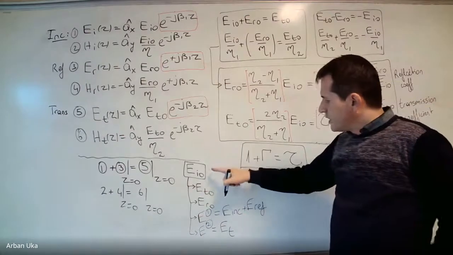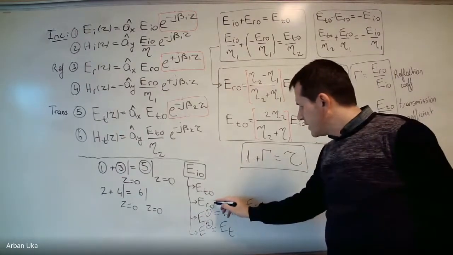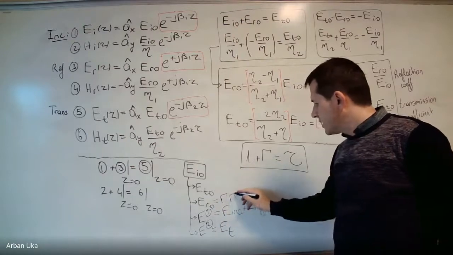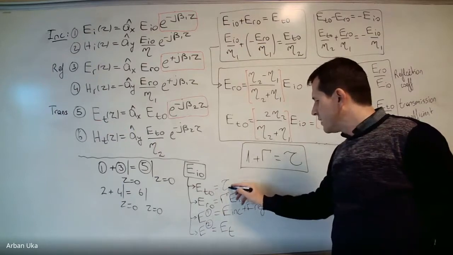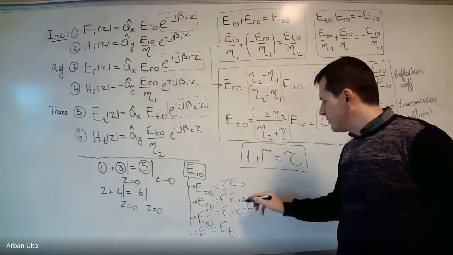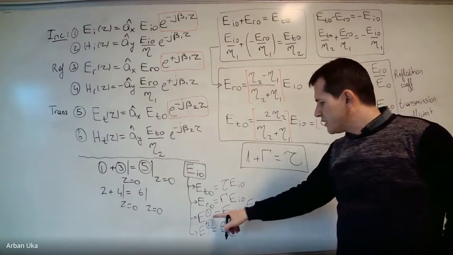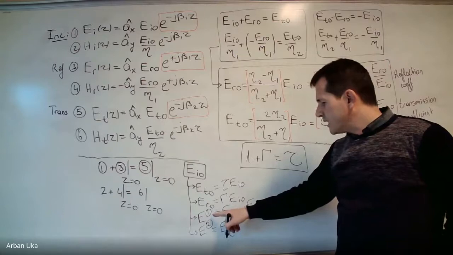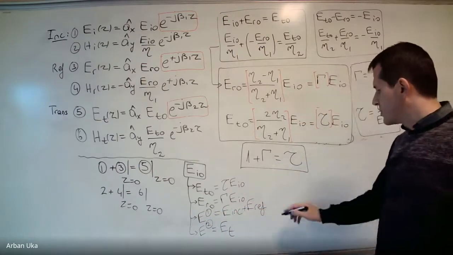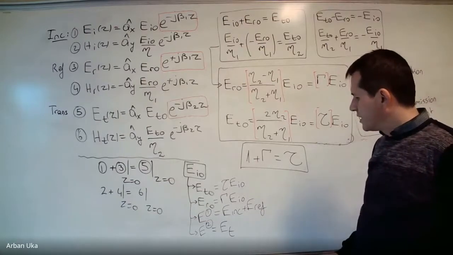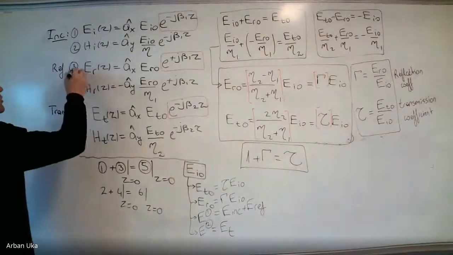Given this, we easily derived the reflection coefficient. So we find the reflected field as this component times EI0, and the transmitted one was tau times EI0. Then the complete electric field in medium 1 is going to be the summation of the incident and the reflected, so you do 1 plus 3.